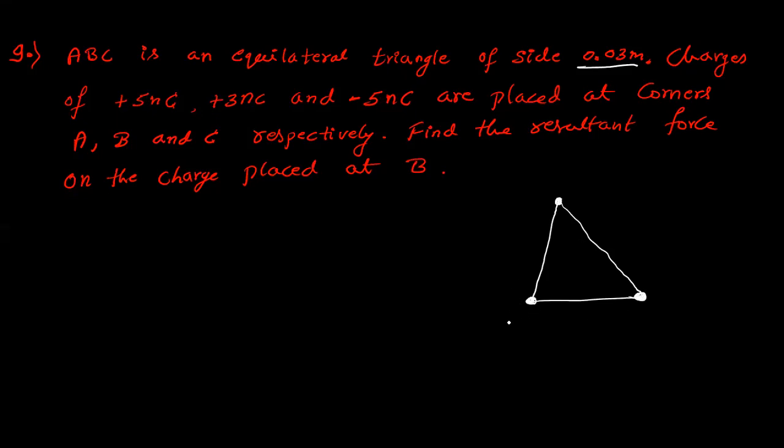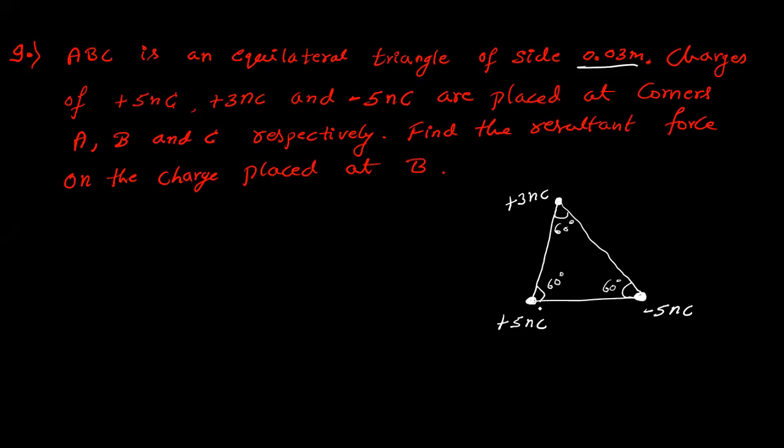Here is a charge of plus 5 nanocoulomb, here minus 5 nanocoulomb, and here plus 3 nanocoulomb. Observe, we have to find the resultant force on this plus 3 nanocoulomb. Your sides are the same, 0.03 on each side. Since it is an equilateral triangle, all the angles are 60 degrees.